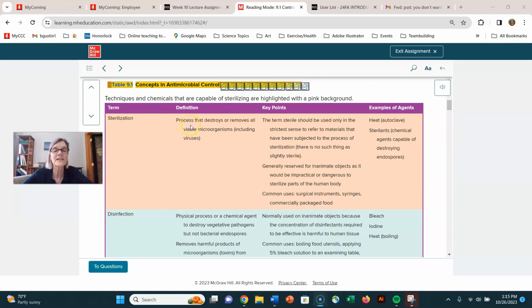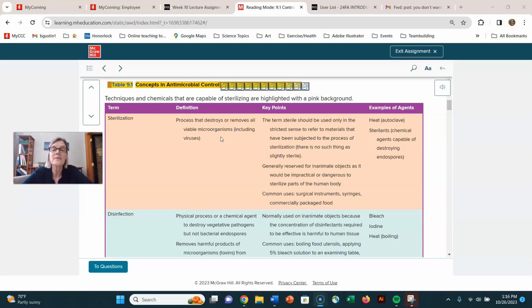It says it's a process that destroys or removes all viable microorganisms, including viruses. So it inactivates viruses. Essentially what it does is it prevents all microorganisms from being able to reproduce. It kills them. And viruses, it inactivates them because they're not actually alive.